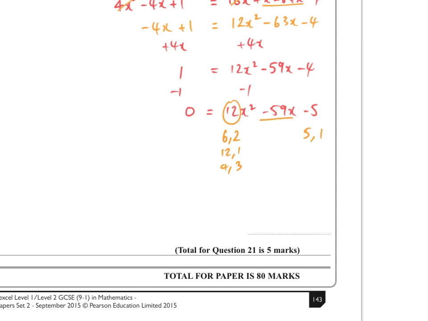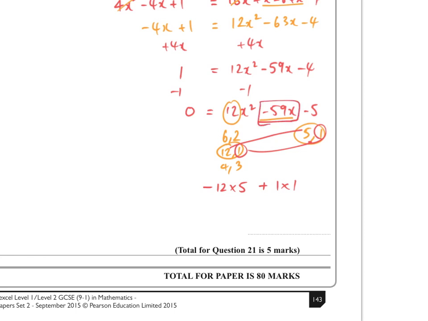And I want to make the number 59 or negative 59 somehow. Well, I can see it here, because if I do 12 times 5 and 1 times 1, I can make this negative 60 and add 1, and I'll get negative 59.